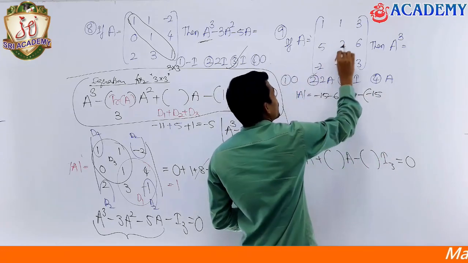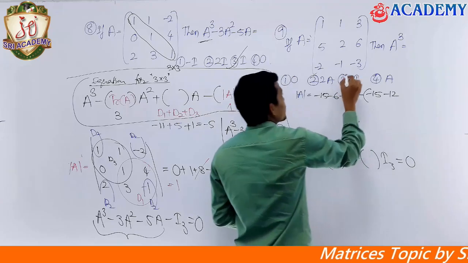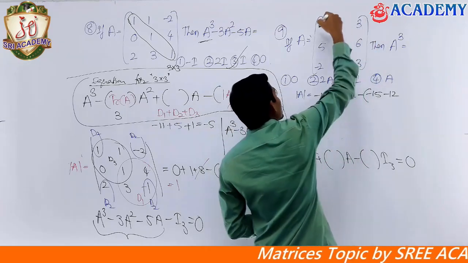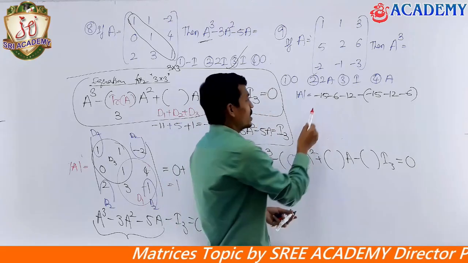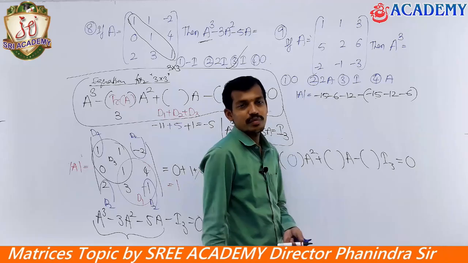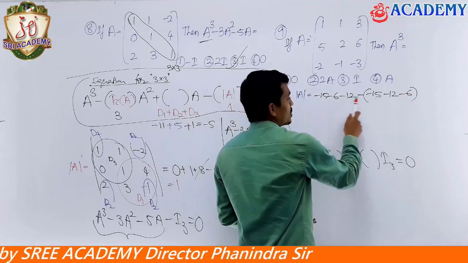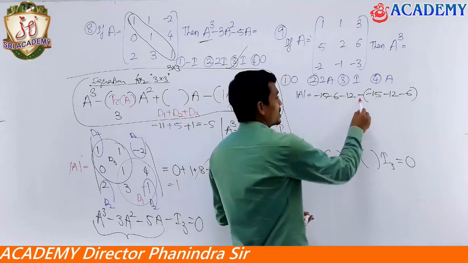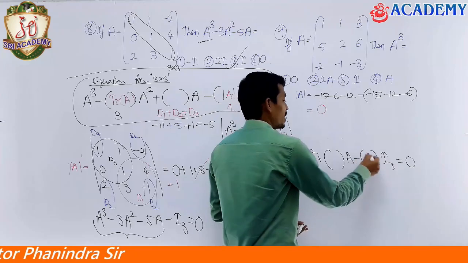Next minus 2 into 2 into 3, 4 3s are 12, that too minus 12. Next minus 1 into 6 into 1, that is minus 6. Observe, simply here minus 15 plus 15, minus 6 plus 6, minus 12 plus 12. Why? Because if you multiply with minus, it's going to be plus. So determinant of A equal to 0. You will get 0 here.